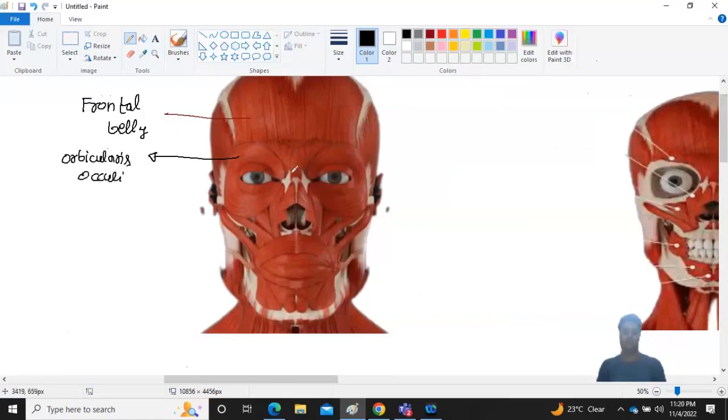Then there is a muscle, here we can count, this is the procerus muscle. Then this is the nasalis muscle.